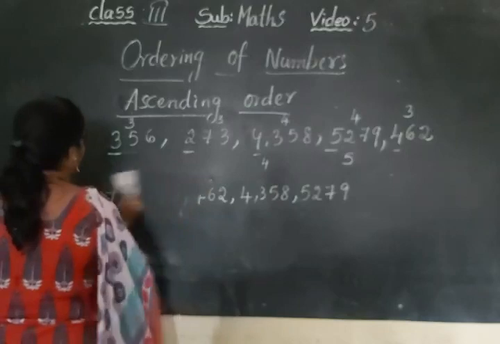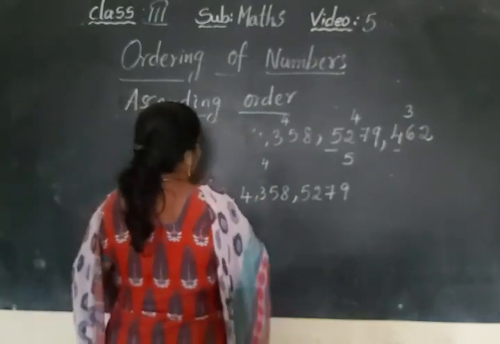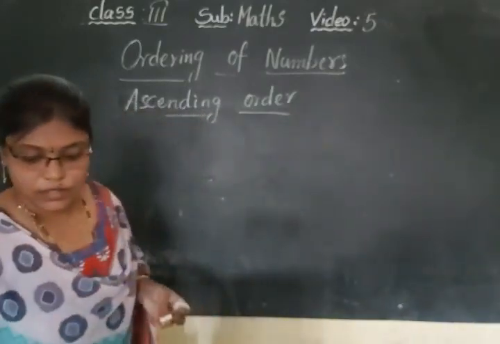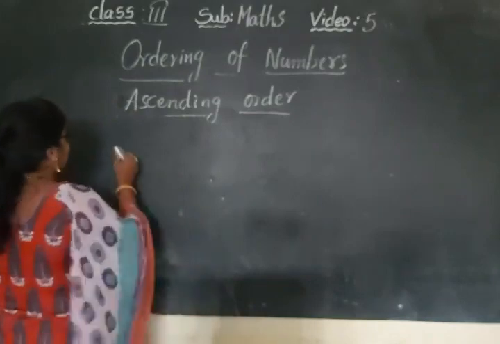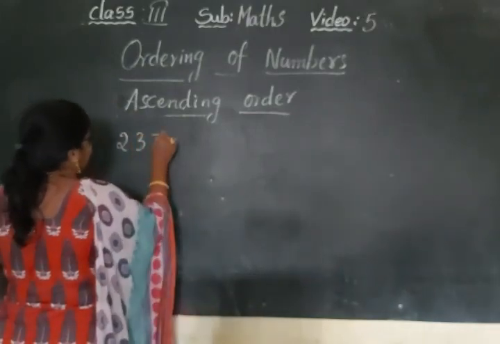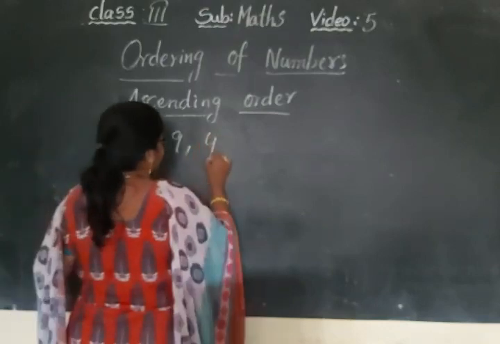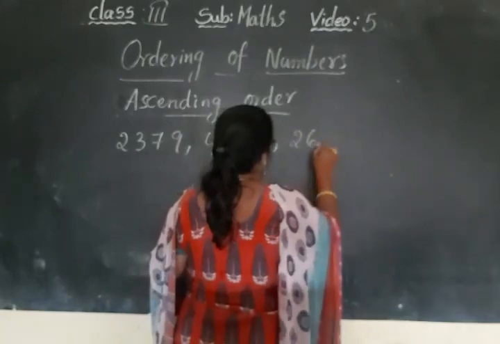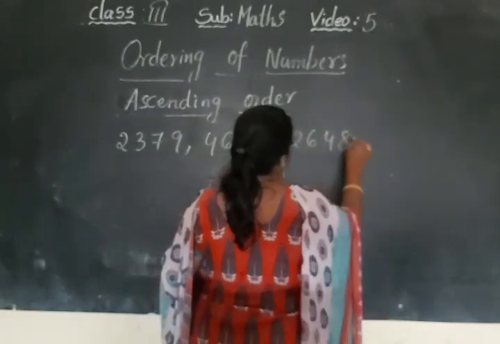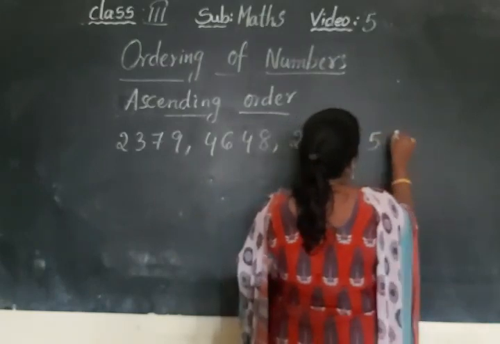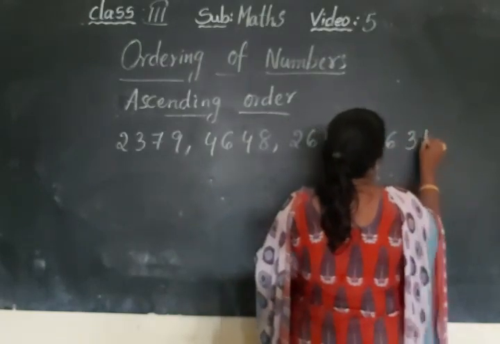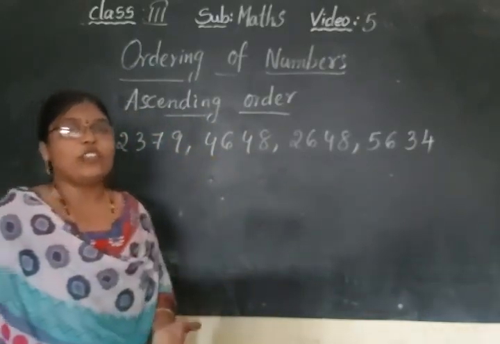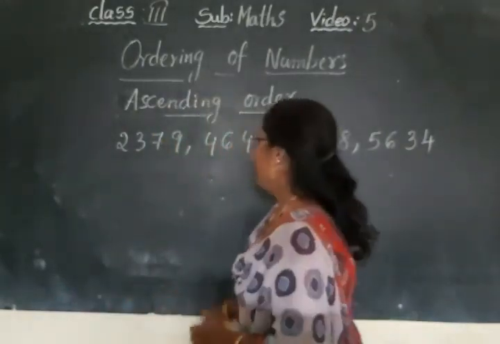Children, let's see what about these numbers. Here we have 4 numbers we have to arrange in ascending order.